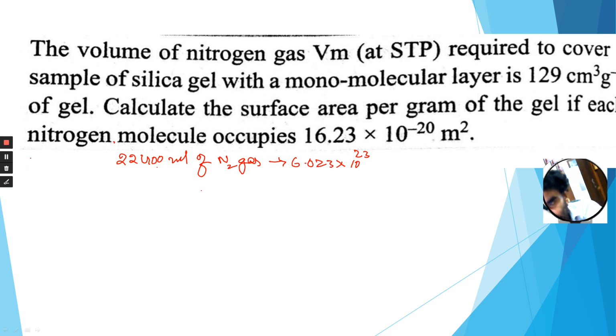Here only 129 ml is adsorbed. How many molecules of nitrogen does 129 ml contain? This is equal to 129 divided by 22,400 into 6.023 × 10^23.